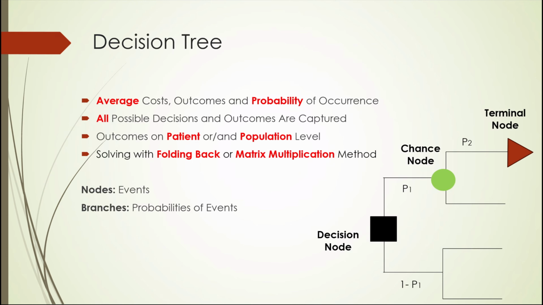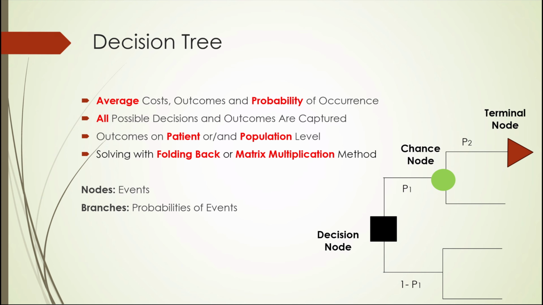To start with a decision tree, if you look at the right side of the slide, you can see the most simple representation of a decision tree. Every decision tree starts with a decision node. And then when we make a decision for a patient or the population, for instance, to start them on a medication, there are a series of events that happen as a result of that decision, which are represented by chance nodes.